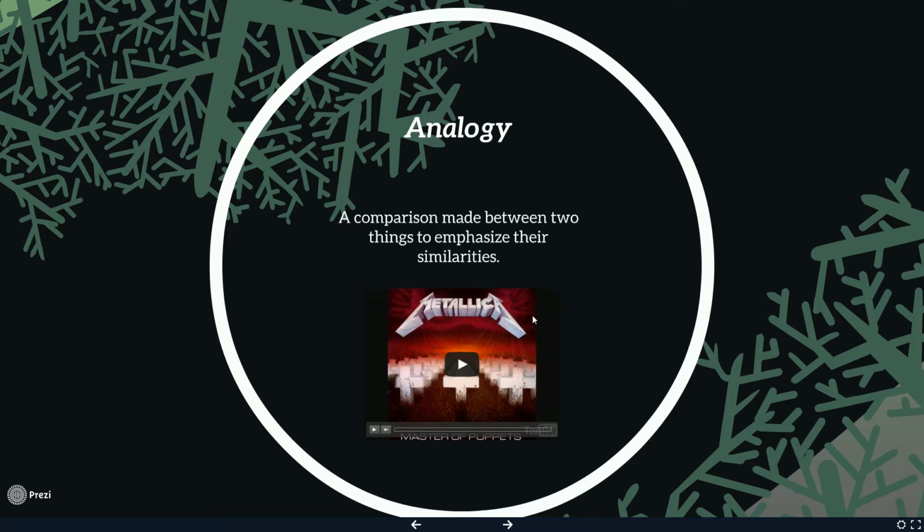Don't have the words or anything, but this is Master of Puppets by Metallica, and it's an analogy of you are the puppet when you are the victim of a drug addiction. So the puppet master is obviously the drug dealer, the supply of drugs, and then the strings with which he controls you is the drug itself and your addiction.